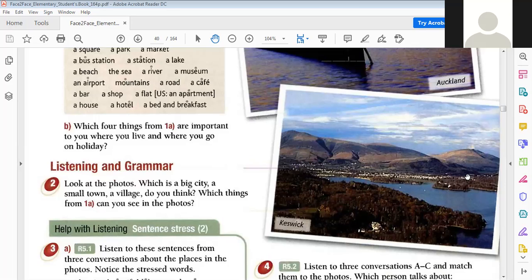And it is in the Lake District National Park, and also there is the Castle Rock Stone Circle. It is a historical Stonehenge. Yeah, it's near the same area. Yes, they call it Stonehenge. It's a very famous historical place in the UK.